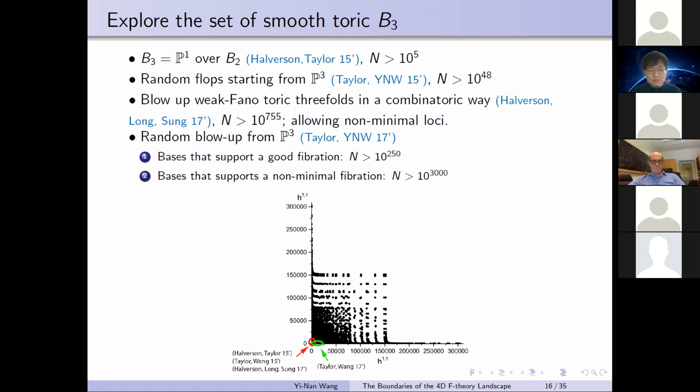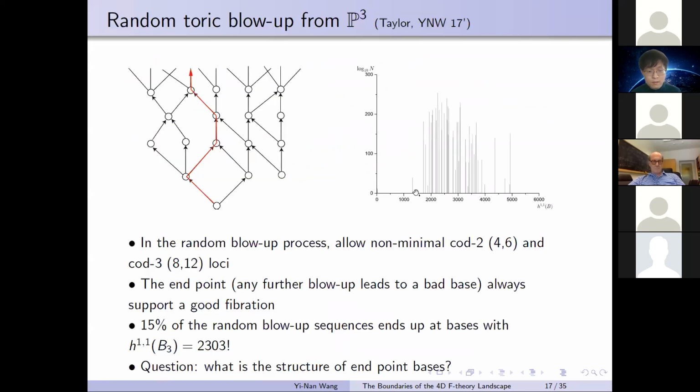So now I'm going to say a few more words on this last approach, the random blow-up approach. What we do here is pretty simple. We just start with a base like P3, we do a number of random toric blow-ups, and we finally hit an endpoint.